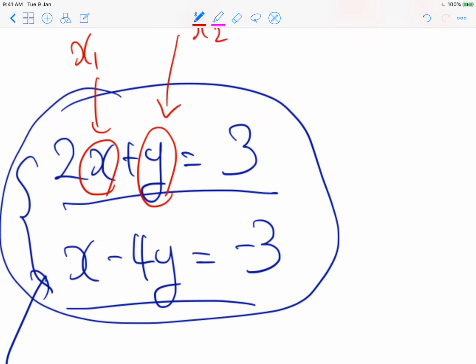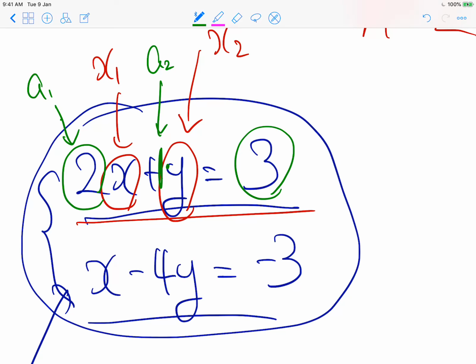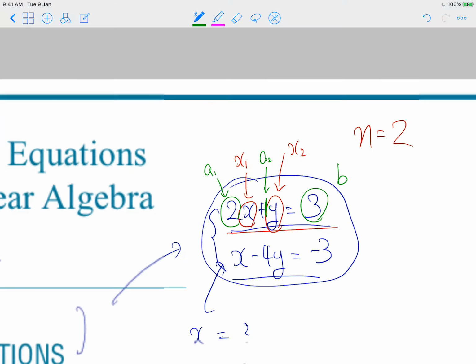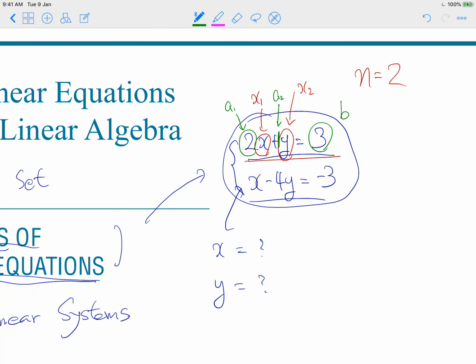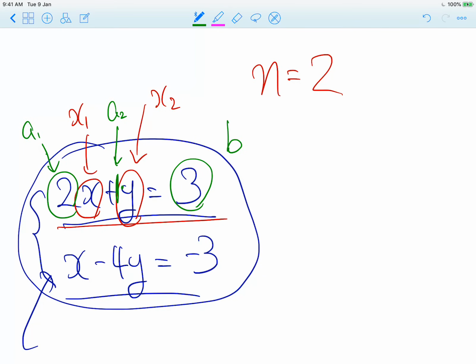Each of these is a linear equation. So this is x1 and 2 is a1, here 1 is a2, and this is b. This is quite simple, and this is called a linear equation.